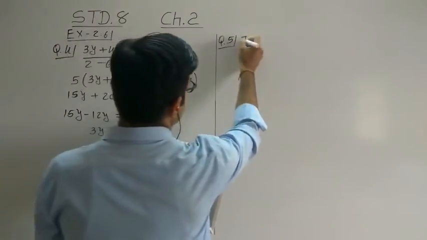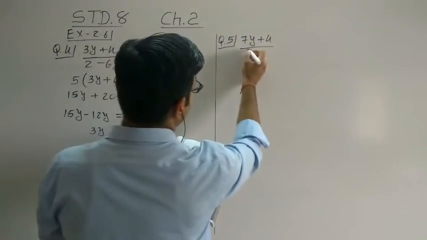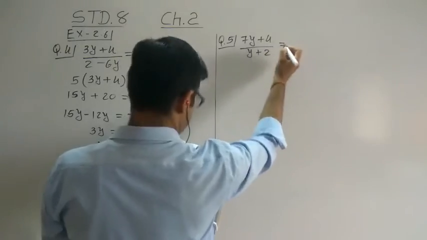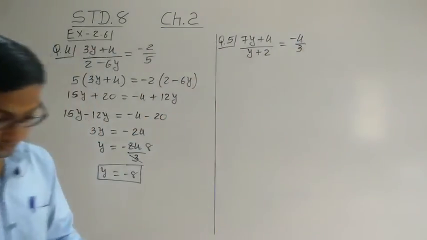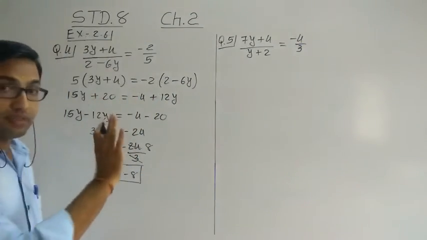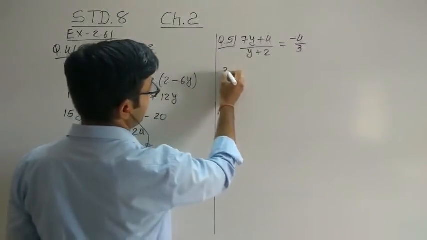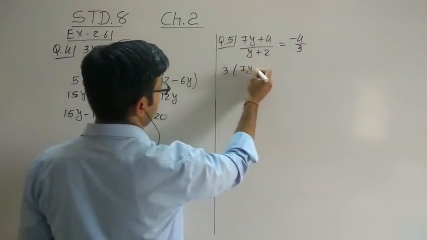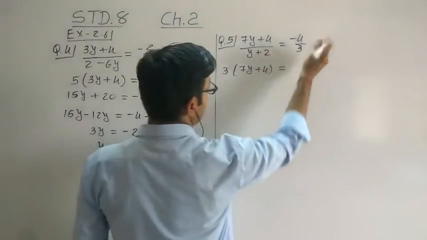Okay. Now, same kind of question, question number 5. It is (7y + 4)/(y + 2) = -4/3. Here the same thing we have to apply. Take this 3 in multiplication with 7y + 4, and this y + 2 will multiply with -4.